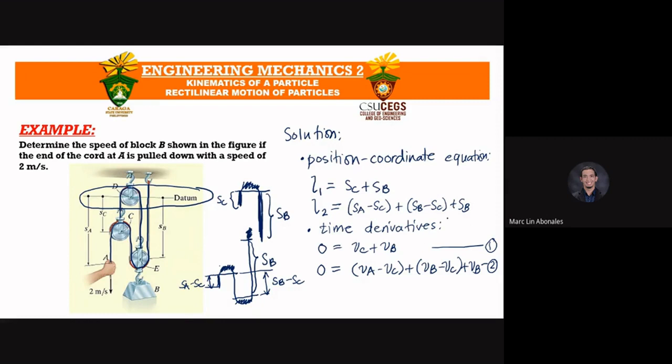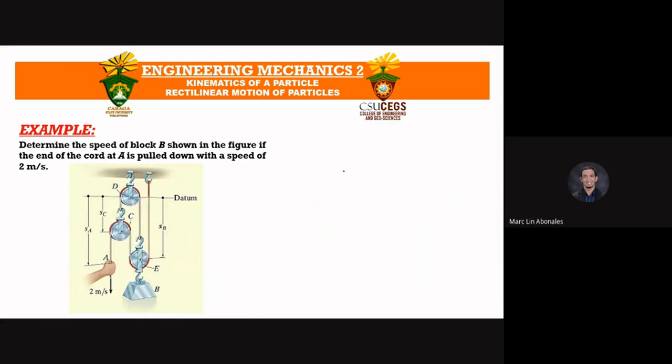For us to solve the velocity of block B, what we need is to determine the equivalent of VC, which we will get from equation 1. Then we will substitute it into equation 2. So from equation 1, that is 0 is equal to VC plus VB.